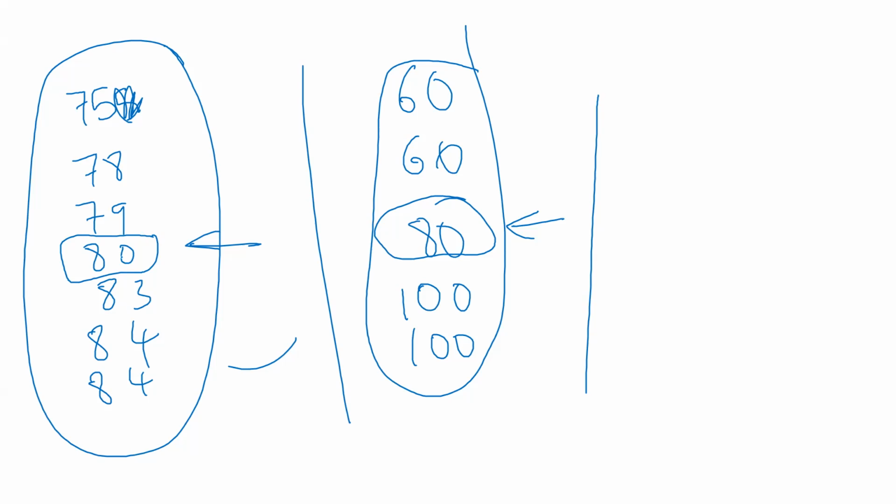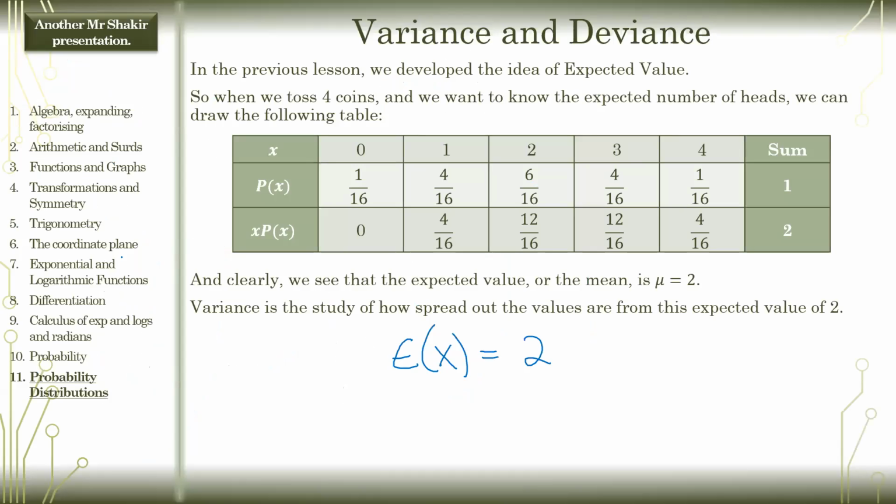So we need a mathematical value to tell someone how spread out the scores are. That's what we're doing today: variance. Variance is the mathematical tool we use to express how spread out scores are. That's all you need to know. Variance is going to be a number, and we're going to look at how to calculate it in a second.